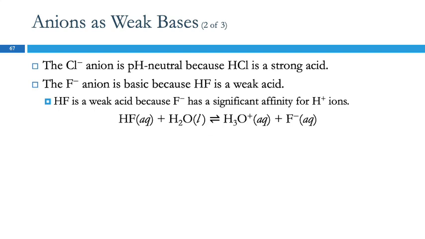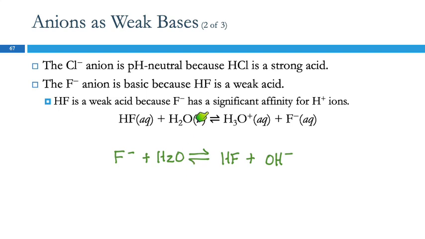So if we put a bunch of fluoride ions into pure water, some of them are going to react with, I need to draw this out here. So if we put fluoride ions into water, they are going to attract a hydrogen ion and become HF.